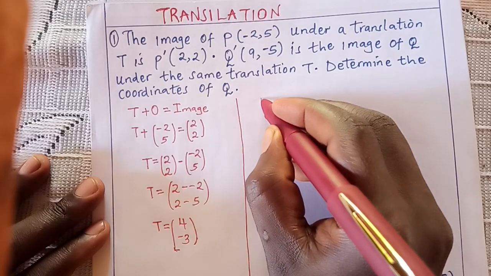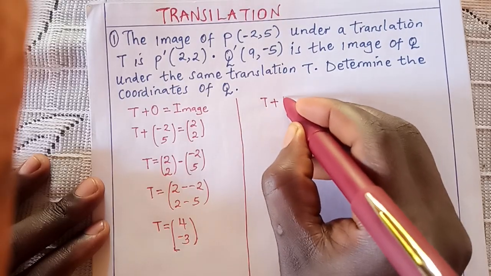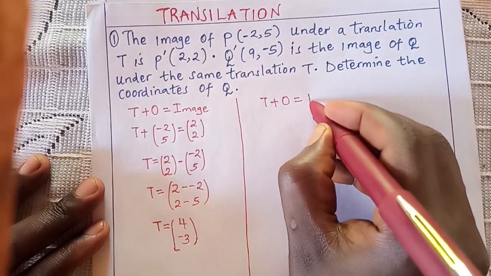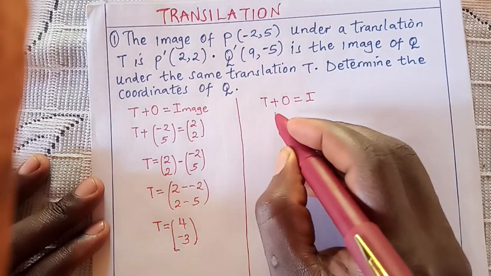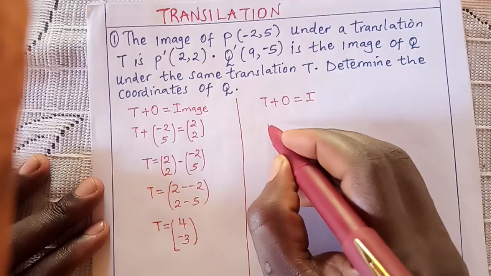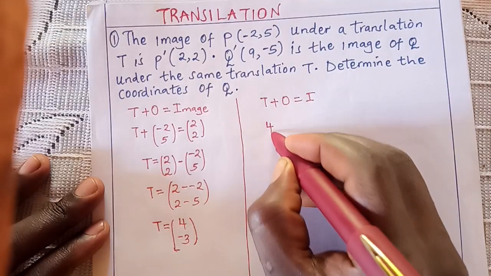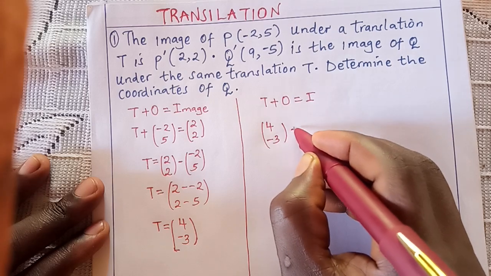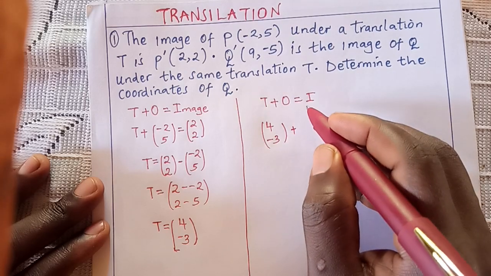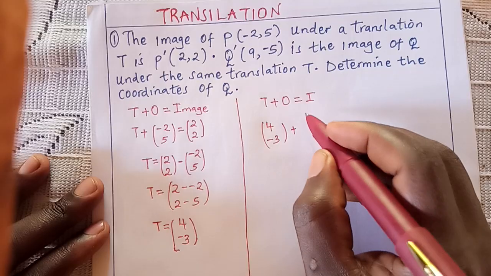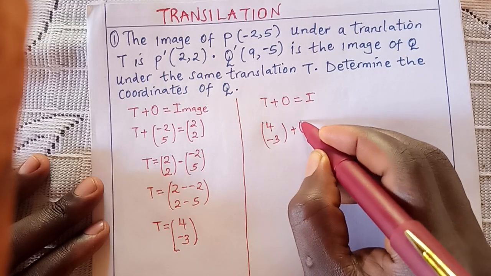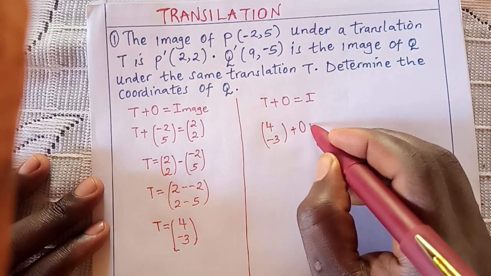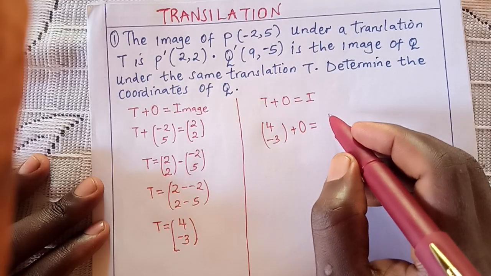Now we are going to say also that translation plus object coordinate will give us the image coordinate. What is the translation? The translation is positive 4, negative 3, and then plus the object coordinate. The object coordinate, we have not been given. Now what about the image coordinate for Q?